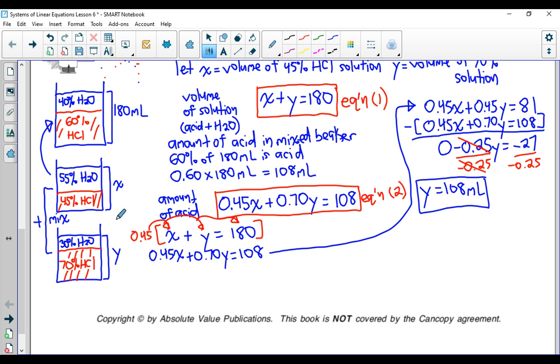So that's the total volume of this second beaker here, or this beaker at the very bottom. Now, to get the amount of total solution in the first beaker I'm mixing, we're going to substitute y equals 108 into the easier equation. The easier equation is equation 1.